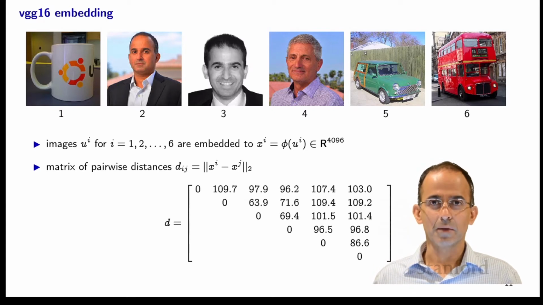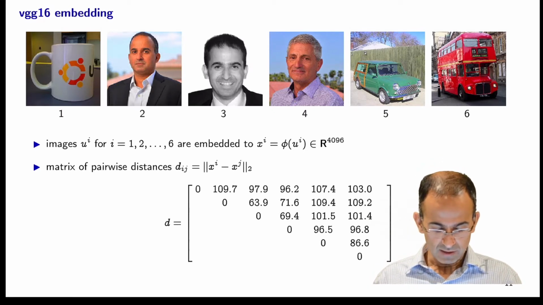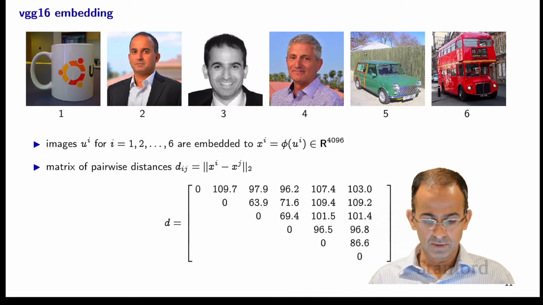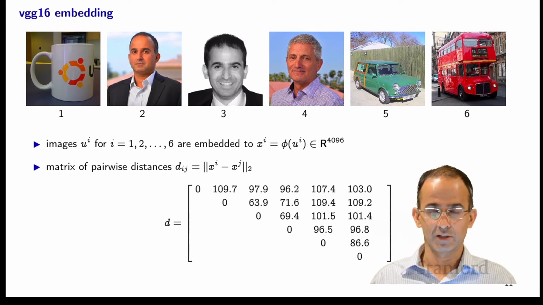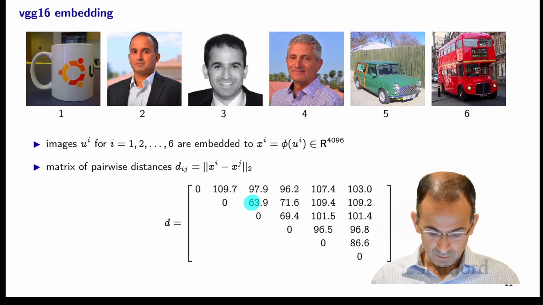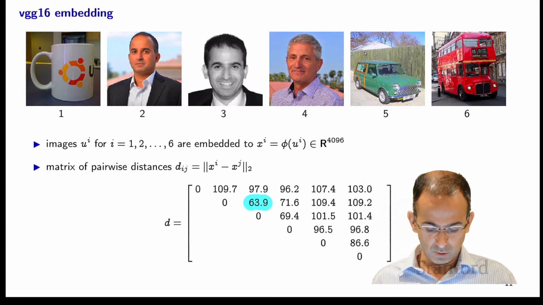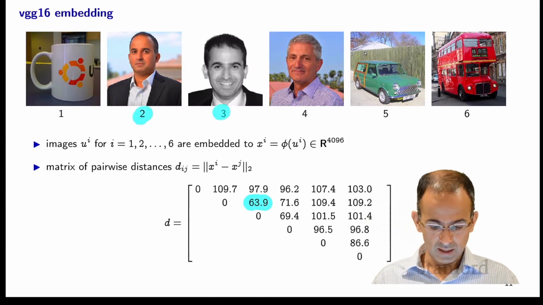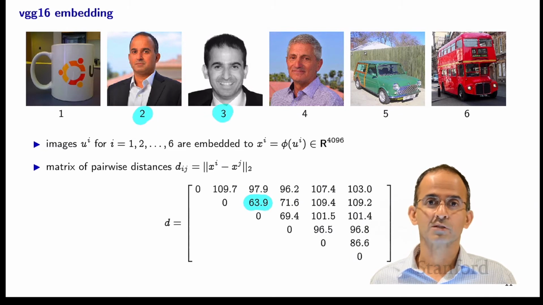So let's look at this embedding. The matrix here is a matrix of the pairwise distances between the embedded vectors of each of the images. For example, this number right here is the 2, 3 entry of the matrix, and so that's the distance between image 2 and image 3, both of which are images of me, and so we expect them to be close if this is a faithful embedding.